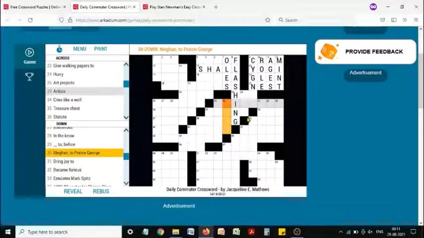Who's Prince George? William is Harry's elder brother. George. No, I don't know this. Moving on.